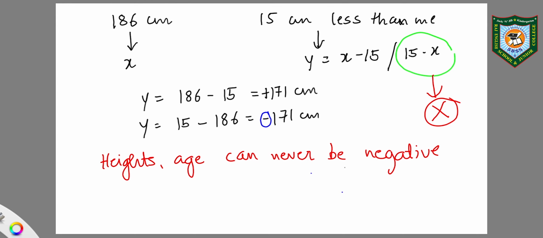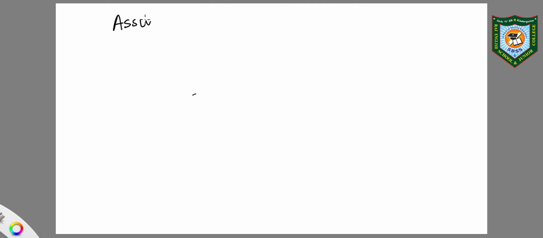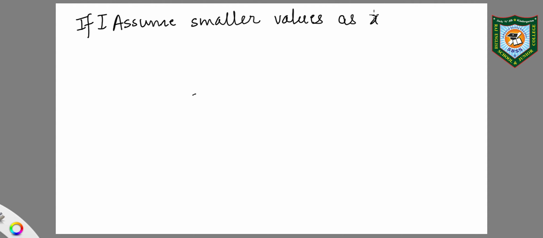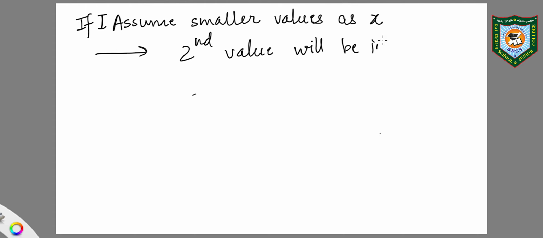So what we need to understand here is that if I assume smaller values as X, then the second value I get will be in terms of addition.